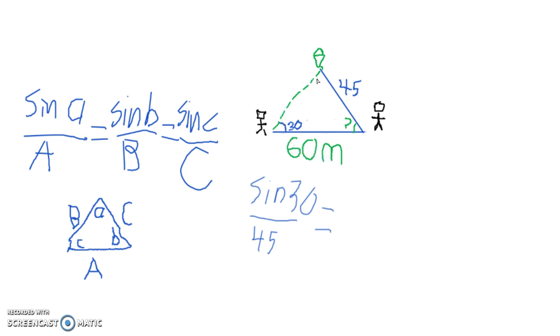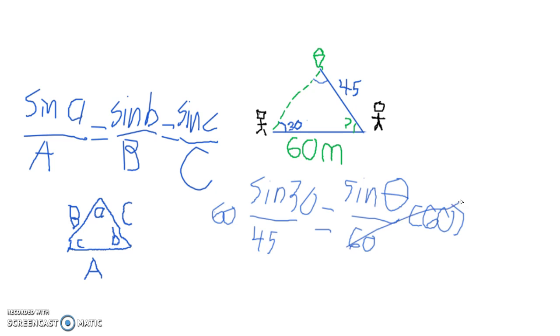And if we replaced this angle right here, it's a pretty bad angle, with theta, we could write: sine of 30 degrees over 45 is going to be equal to sine of theta over 60. And then we can just simplify this by multiplying both sides by 60 meters.